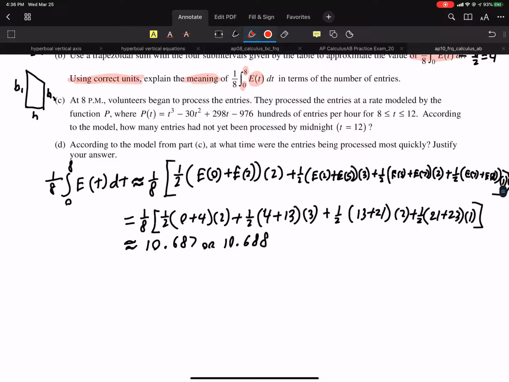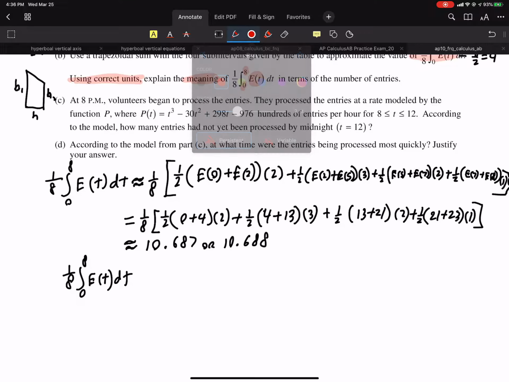So what is the meaning of this? So 1 over 8 from 0 to 8 of E of t dt. What does that mean? So this answer means that this answer, let's get the units here.